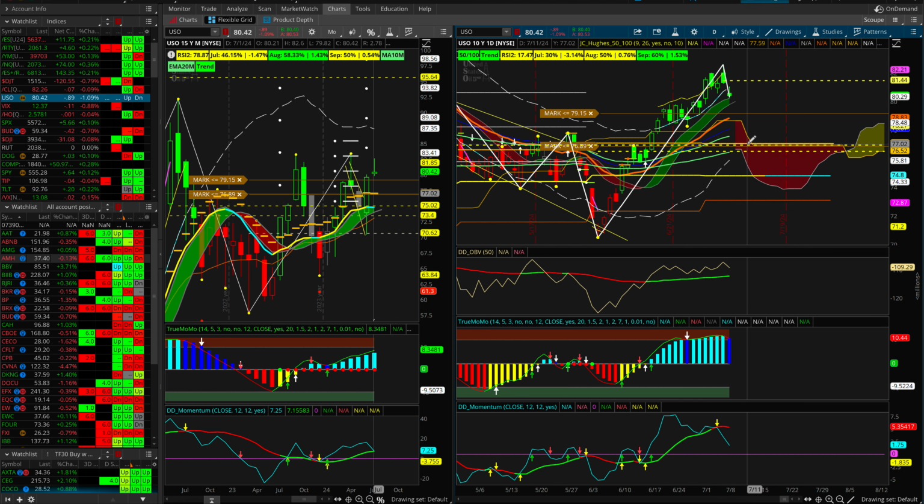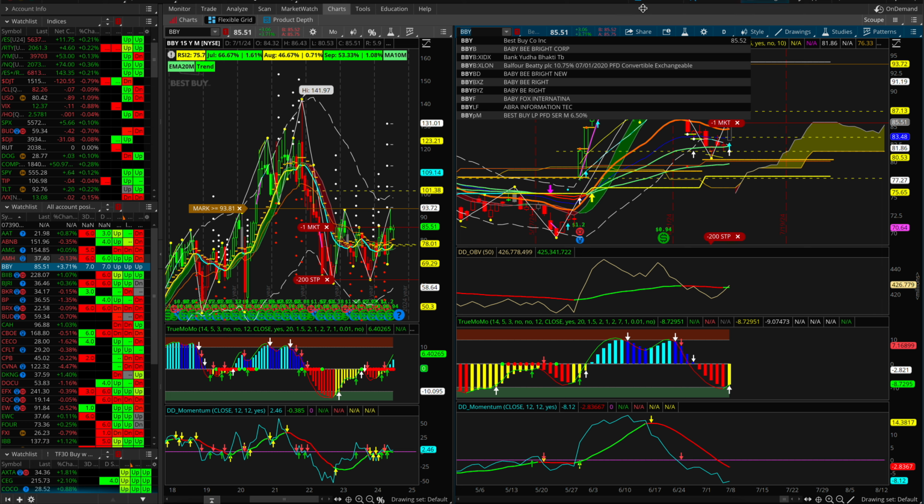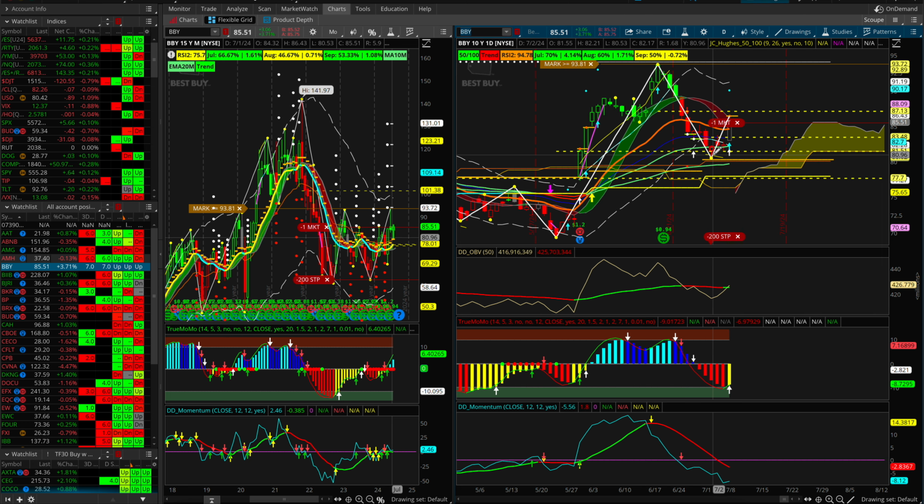Pullback all the way to the 50 would probably be too much, but a pullback to the 21 and a buy would make sense, and it would also be under the trend ribbon, which would be an aggressive trade. But like Best Buy, I did that from there, and we're already up really nicely. I did that on this pullback here. I think I had to wait 1 or 2 days of being underwater before it took off.